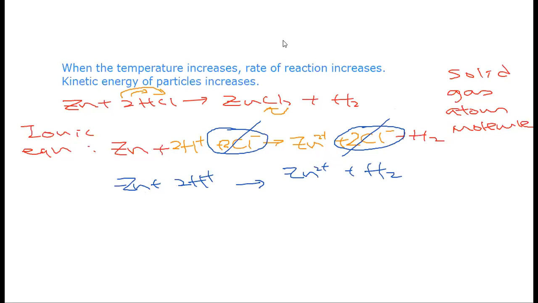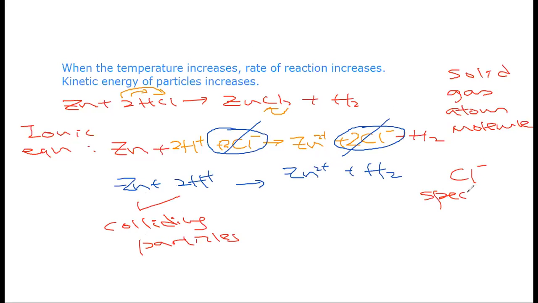These two are what we call the colliding particles, where this chloride ion is what we call the spectator ion.